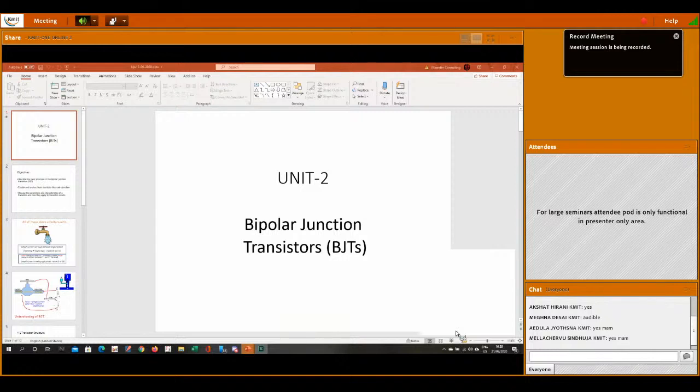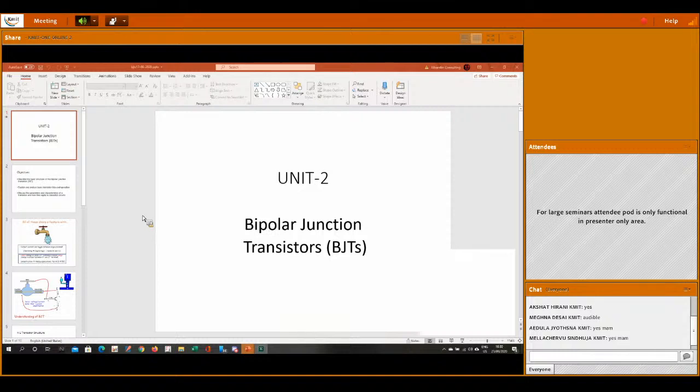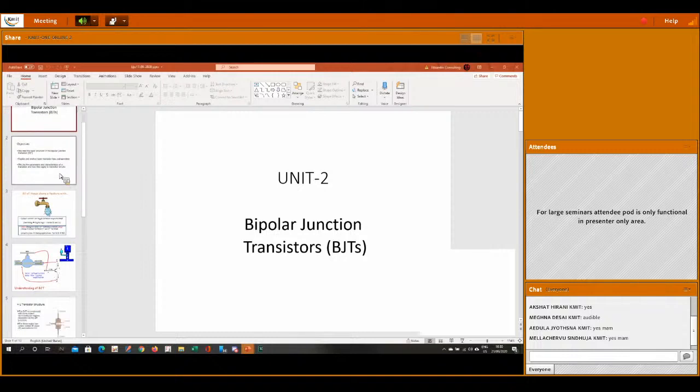So, a brief introduction about BJTs. Now, what are the topics we are going to learn in our unit 2? Next slide will be what we're going to learn about bipolar junction transistor.